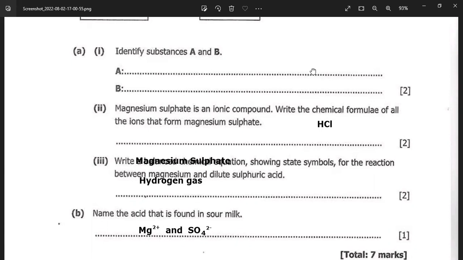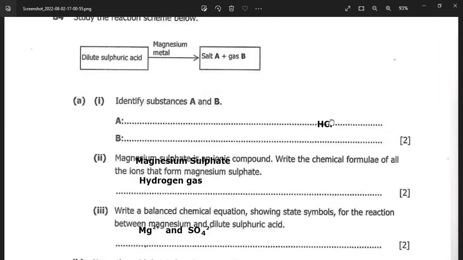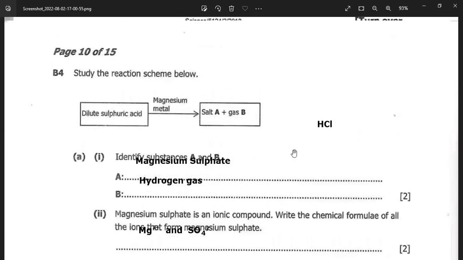Now let's write our reaction including state symbols. The most important thing you have to know is the state symbols for salts. You should ask yourself, what kind of salt is magnesium sulfate?